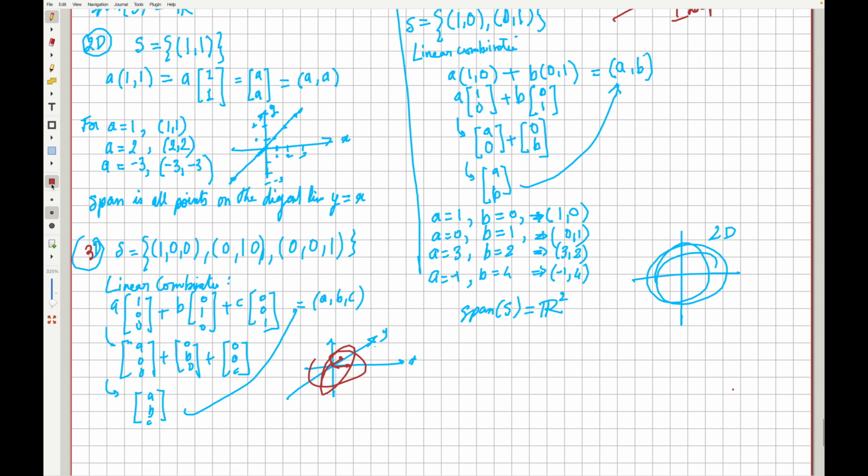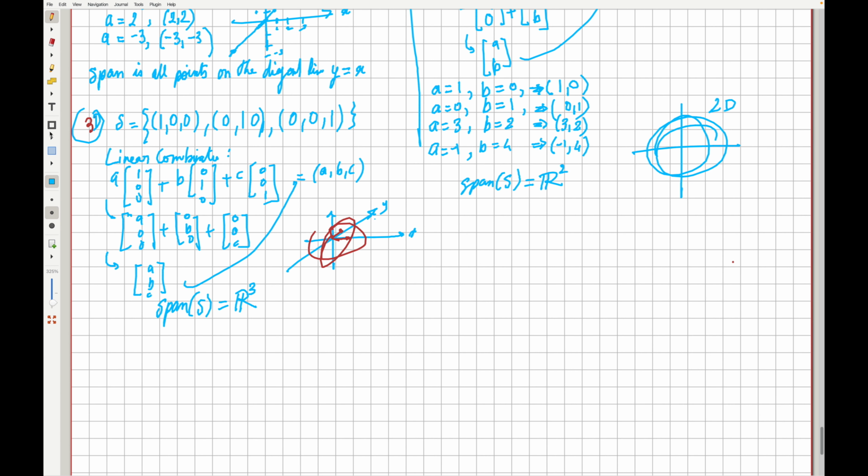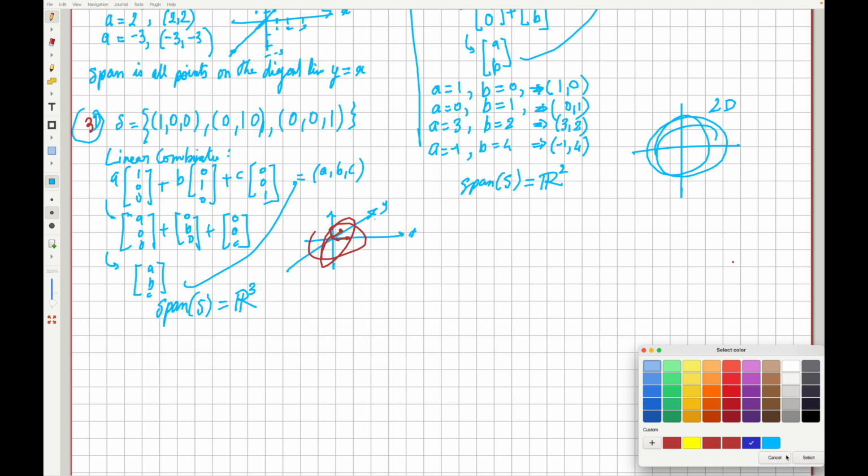And so from the span, we can say that the span of S is the entire 3D space denoted here by R raised to power 3. And therefore, to summarize this, here is the snapshot.